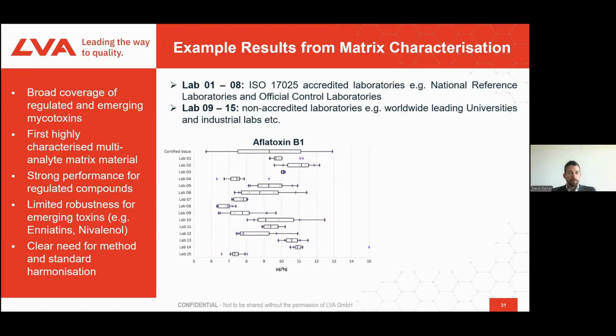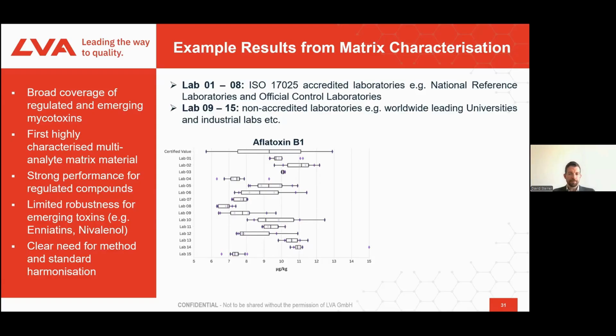For the regulated compounds, we observed a very strong agreement across different labs and also different analytical methods. However, for the non-regulated mycotoxins or emerging mycotoxins, the situation is more challenging. In particular, compounds such as enniatins or nivalenol showed significant variability, indicating that further harmonization of methods and standards is still needed.